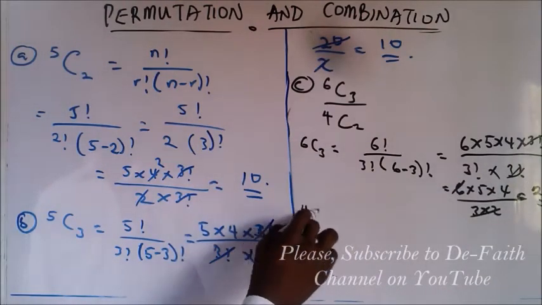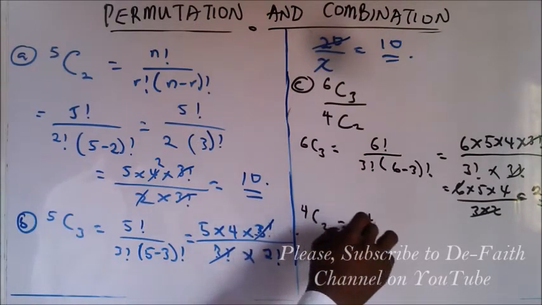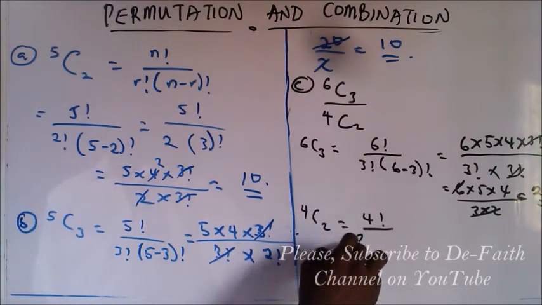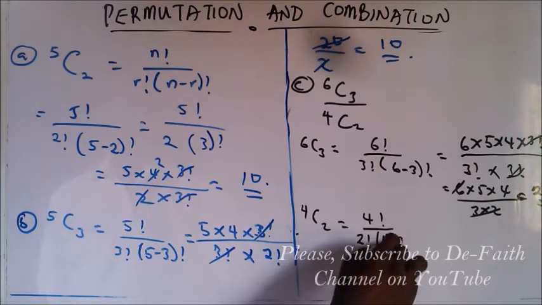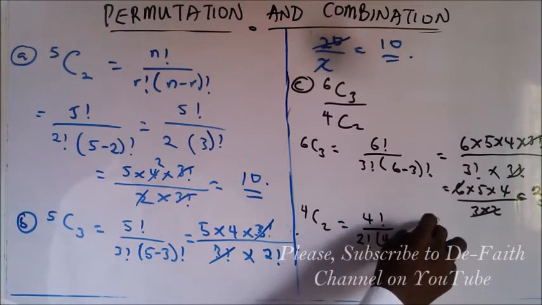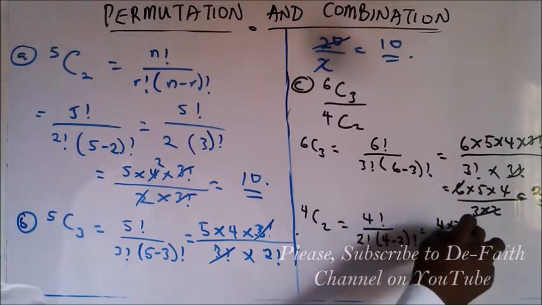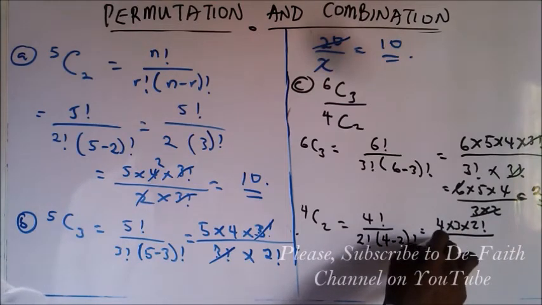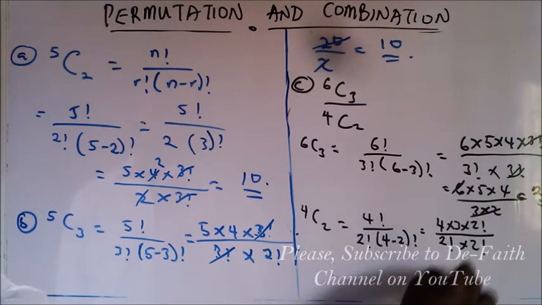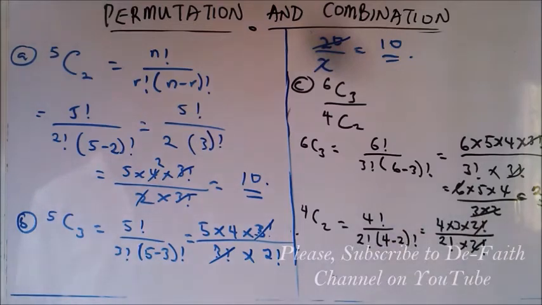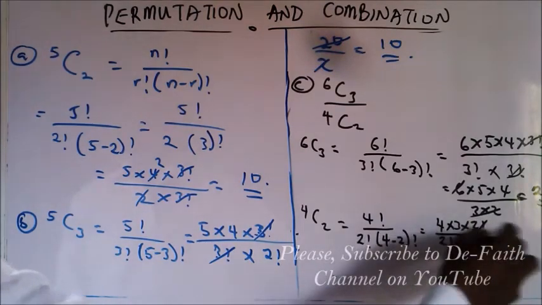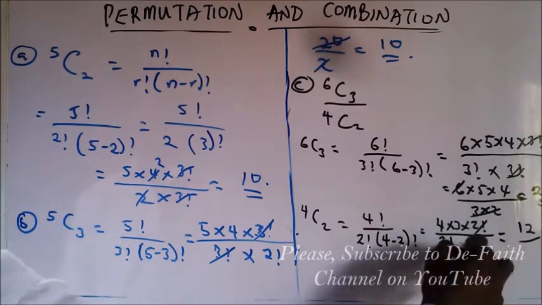And next we have 4 combination 2, which is the same as 4 factorial over 2 factorial times (4 minus 2) factorial. So we have 4 times 3 times 2 factorial over 2 factorial times 2 factorial. 2 factorial cancels 2 factorial. So we have 4 times 3, which is 12 over 2.